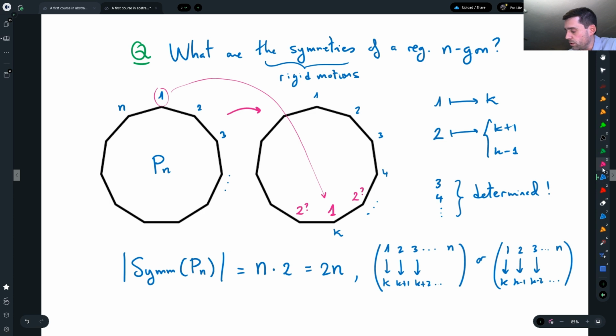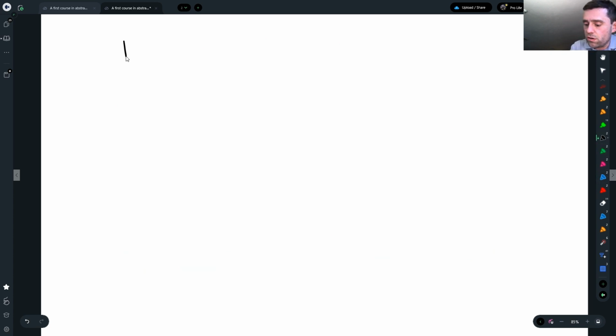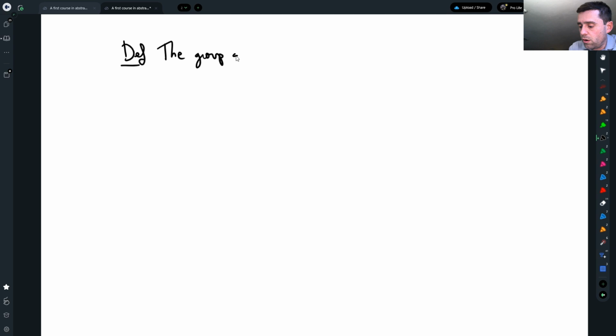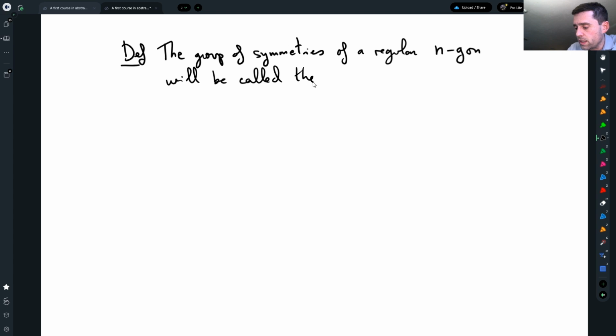So let me write it down on the next page. The group of symmetries of a regular n-gon will be called the dihedral group, and I'm going to call it Dn because it's for the n-gon.